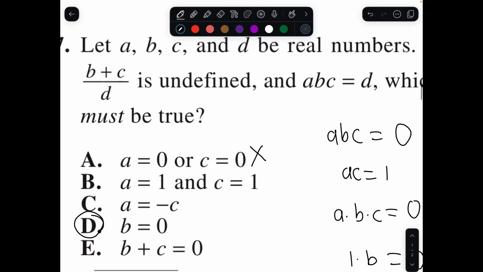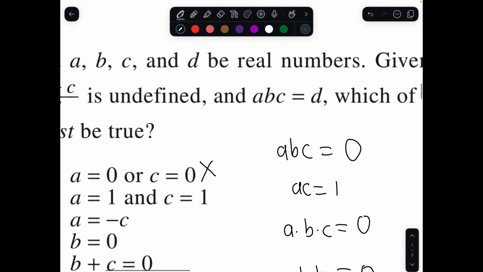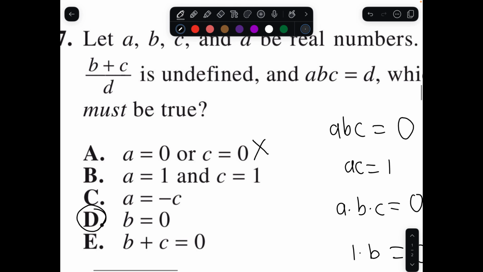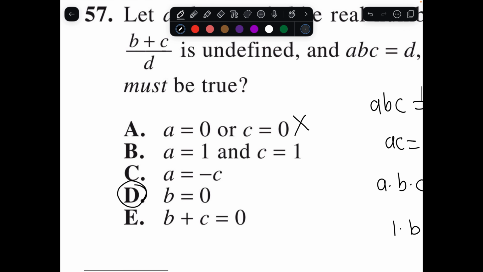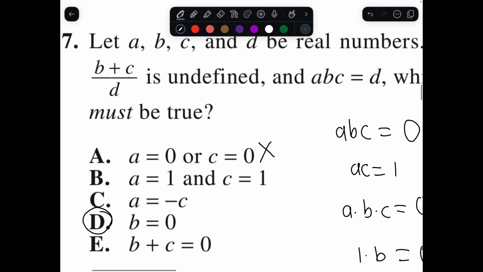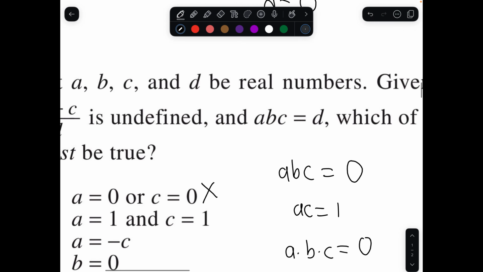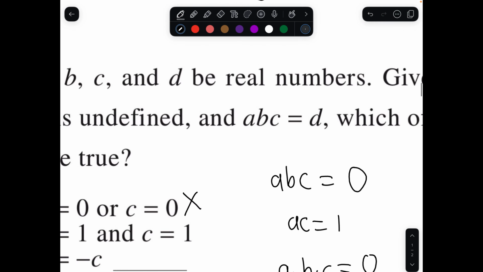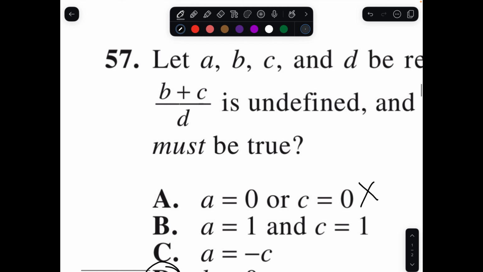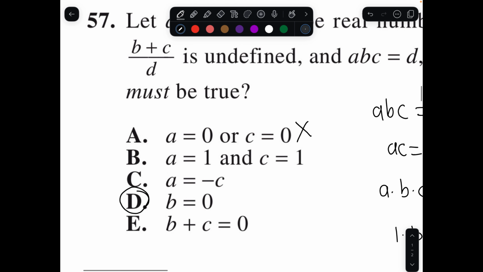If a equals 1 and c equals 1, that doesn't guarantee that d is going to be 0, right? So, because now if the correct answer is b equals 0, that guarantees that d will be 0. But if it was answer choice B, then it wouldn't guarantee that b is 0, and then d wouldn't be 0, which is what we want in order to satisfy that b plus c over d is undefined, right? So it's not B either.